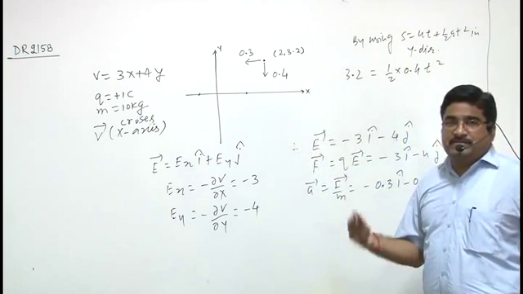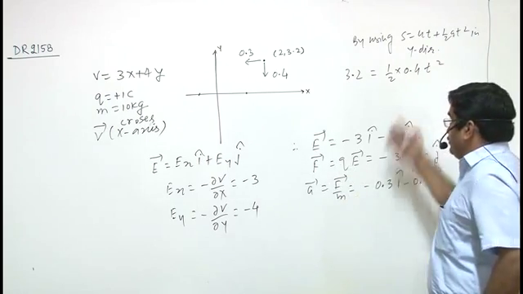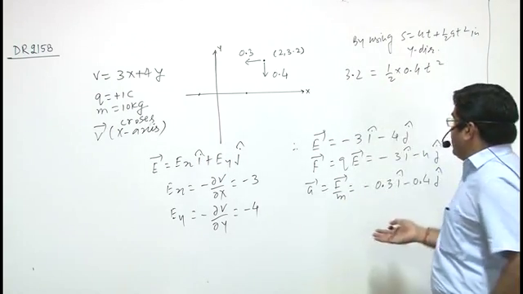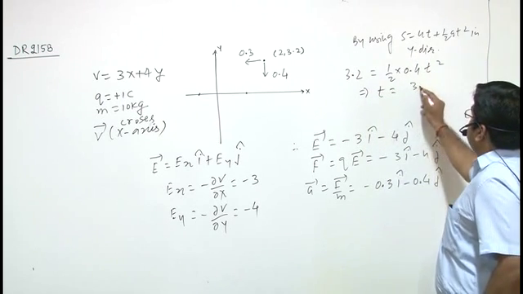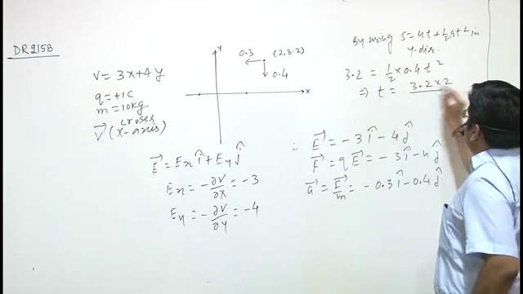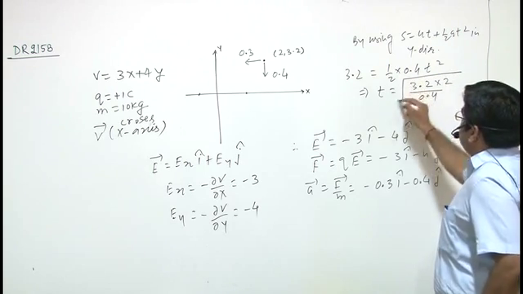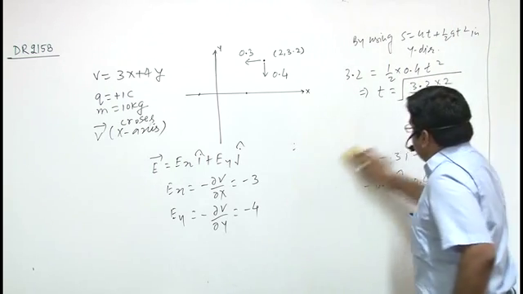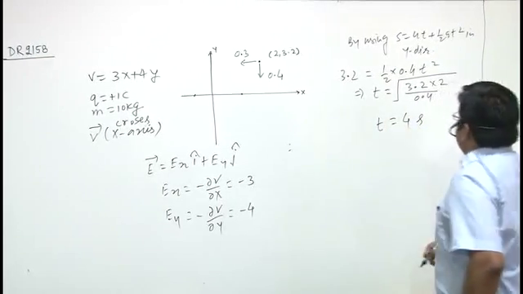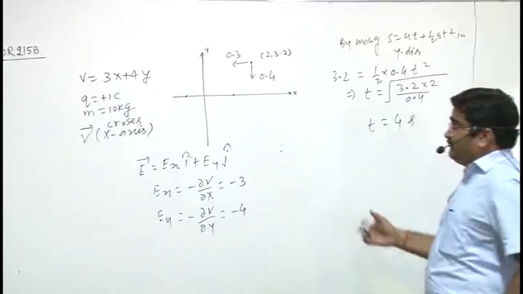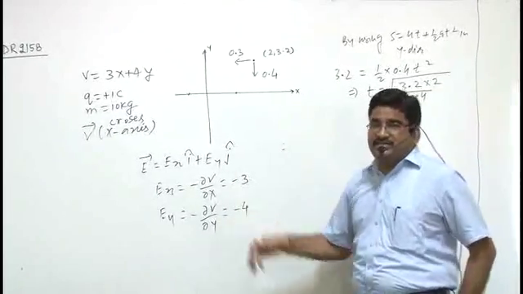Since both the displacement and the acceleration are in the negative y direction, you don't have to put any positive or negative sign here. Now this gives you t equals square root of 3.2 into 2 divided by 0.4, that is 4 seconds. 4 seconds is the time when it crosses the x-axis.